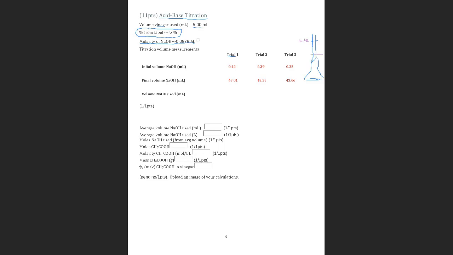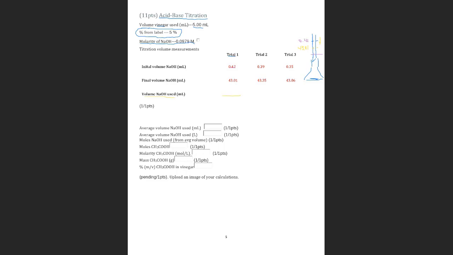Then you open the stopcock, and you did the titration, and the final volume after you finish, the titrant went down, you used titrant, and you read 43.01. So they are asking, what is the volume of sodium hydroxide used?